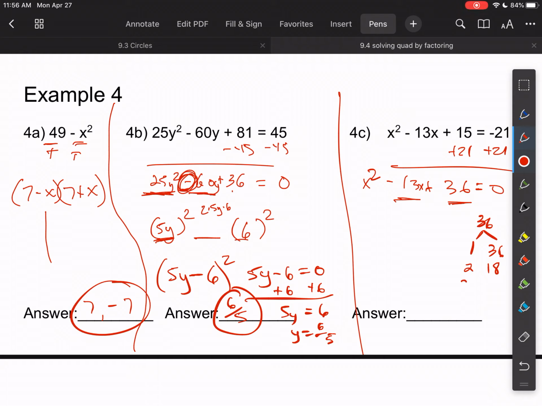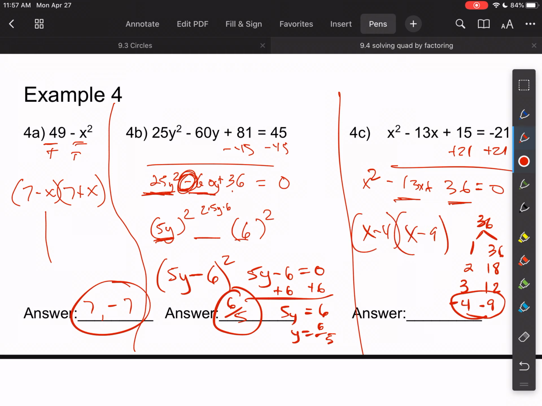That doesn't work. 3 goes into 36 12 times. Getting closer, that still doesn't work. 4 goes into 36 9 times. And there we go. 4 and 9 can give me 13 somehow. So it would have to be negative 4 and negative 9, right?